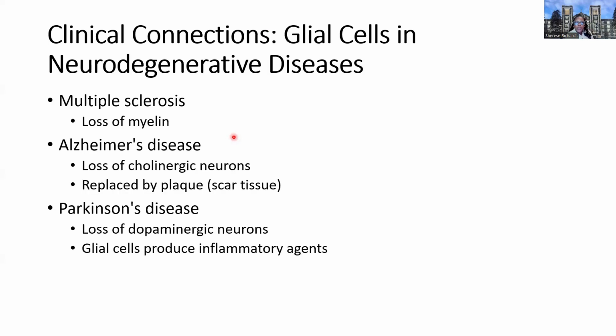Now, when we think about the cells we just described, we can think about their clinical connections. So neurodegenerative diseases arise whenever we have a dysfunction of any of our glial cells. So loss of myelin, which is typically carried out by the oligodendrocytes and the Schwann cells, that can lead to multiple sclerosis.